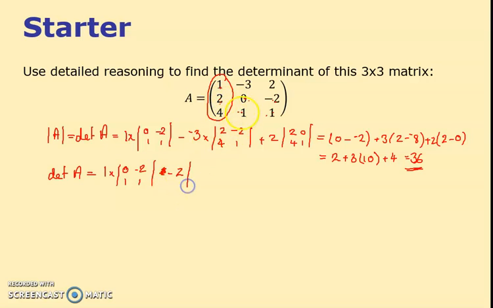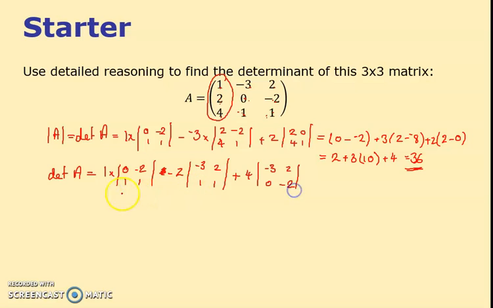And for this one, it's these 4 numbers: minus 3, 2 in the top row, and then 1, 1 in the bottom row. And then plus 4 times, and because that's down there, I'll do these 4 numbers: minus 3, 2, 0, minus 2.